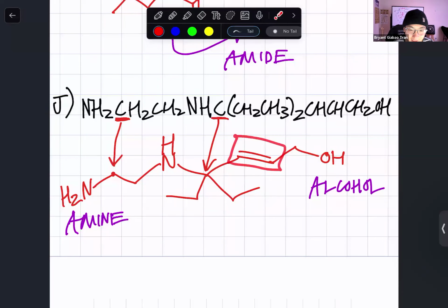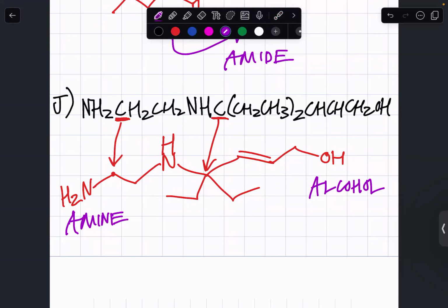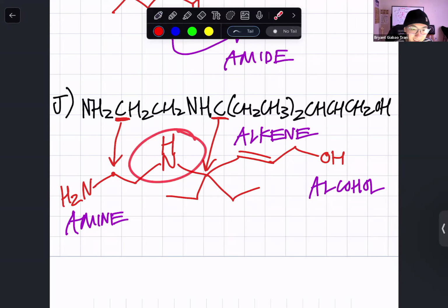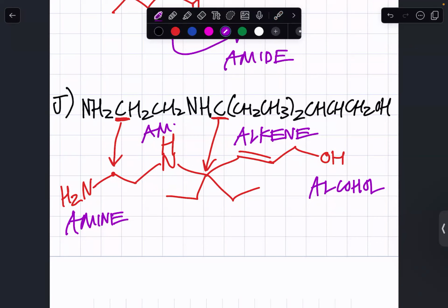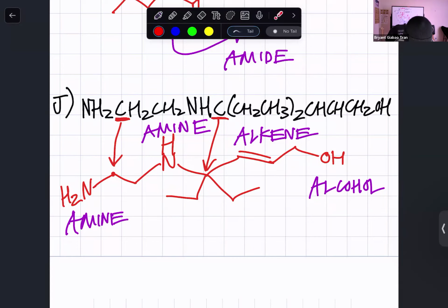What about this one? That would be an alkene. Alkene, yes. And this one? It's also an amine. Yep, an amine. There's actually 4 different types of amines.